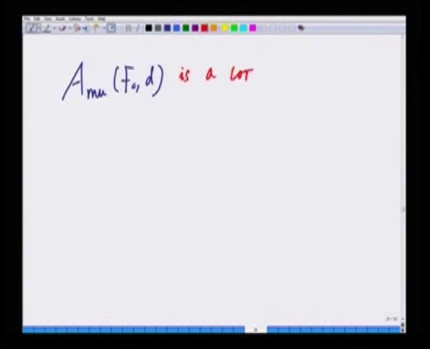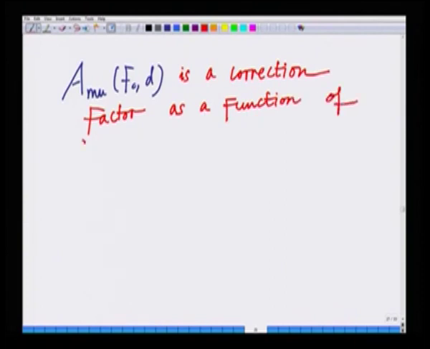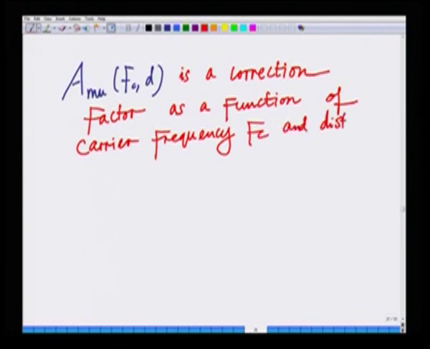This is essentially a correction factor as a function of carrier frequency f c and distance d, and these have been tabulated.